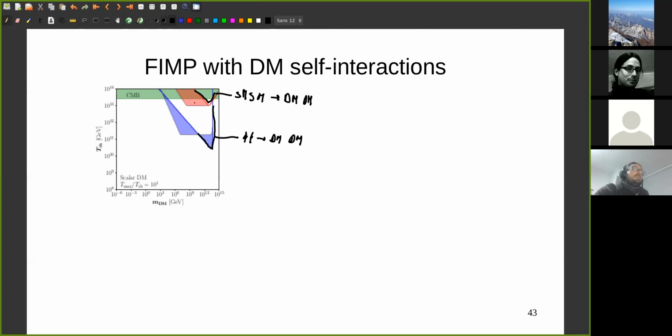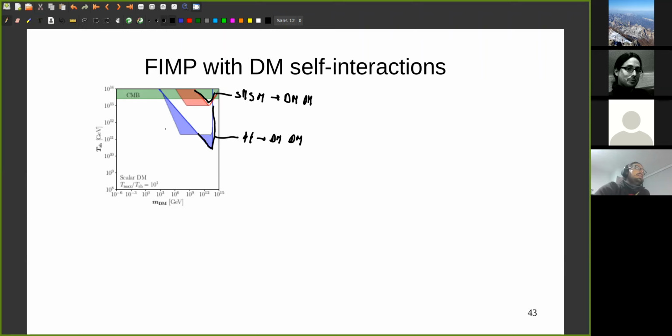This surface is the parameter space that could be explored in the case where you have sizable self-interaction. So the lines correspond to the normal freeze-in, whereas the red and blue bands correspond to the case where you take into account the effect of self-interaction.